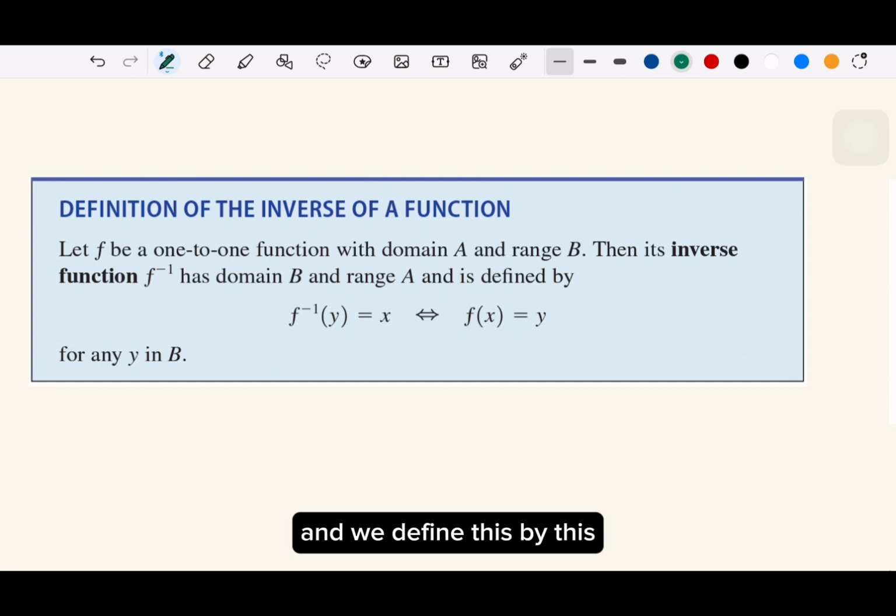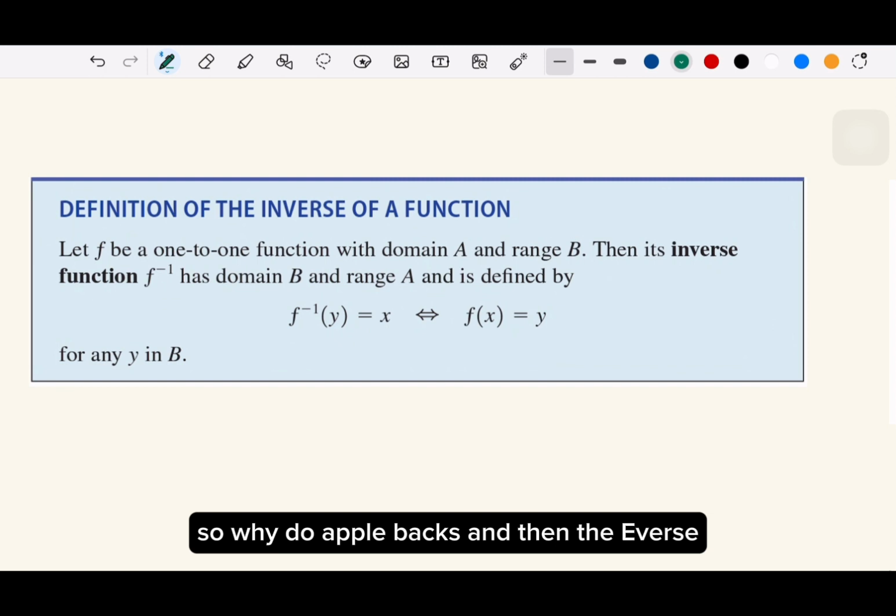We define this by these terms: y equals f of x, and then the inverse is f inverse of y equals x.